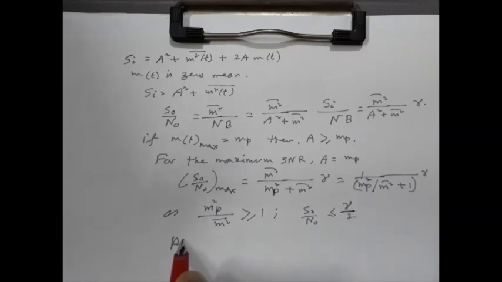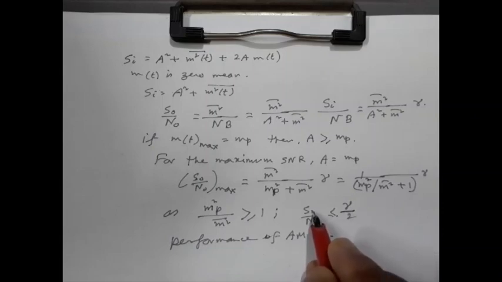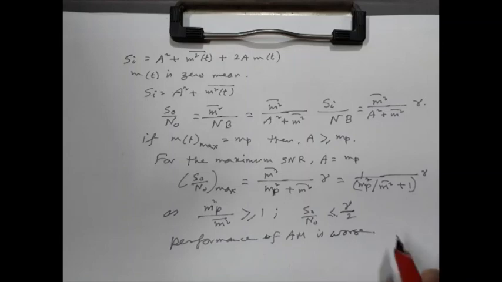So the performance of AM is inferior compared to the DSB-SC or SSB-SC. Performance is worse for this case.